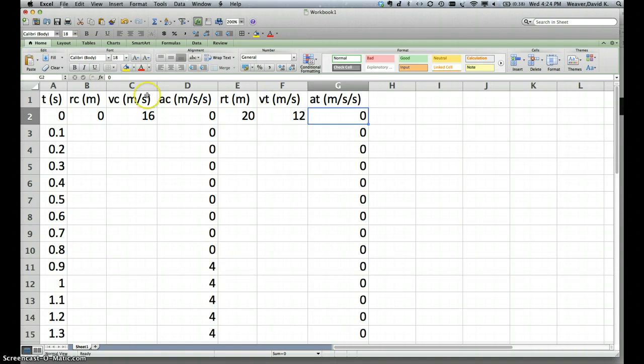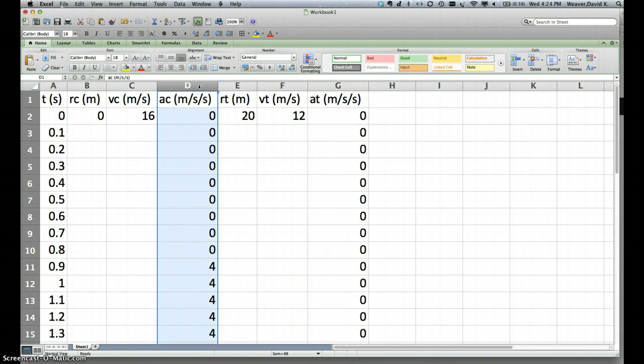Once I have this second row set up that has the initial conditions, my next step is to deal with the accelerations, which in this class, when there's acceleration, it's constant.